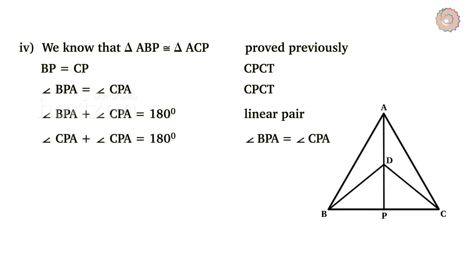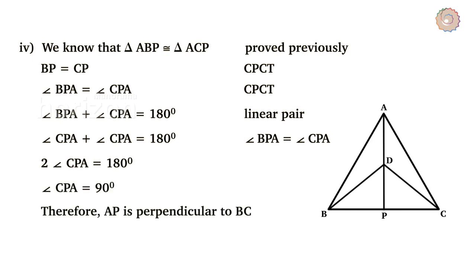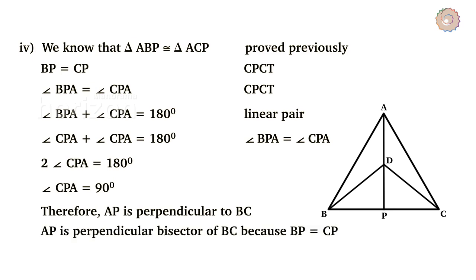Angle CPA plus angle CPA is equal to 180 degrees as angle BPA is equal to angle CPA. Therefore, we get 2 times angle CPA is equal to 180 degrees, which implies that angle CPA is equal to 90 degrees. Therefore, AP is perpendicular to BC, and BP is equal to CP.